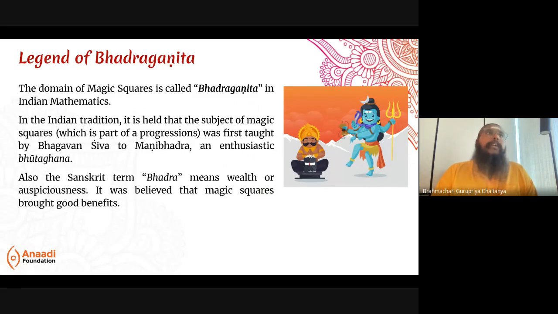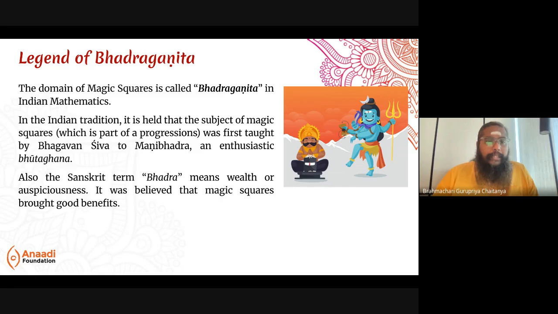It was believed that magic squares brought a lot of good benefits. This is seen even now in many northern traditions, in Jaina traditions. In the southern traditions, we see yantras made of aksharas. You will see even now in temples, there are excellent aksharas in Tamil. If you go to temple carvings, you will see different aksharas actually carved into grid formations.